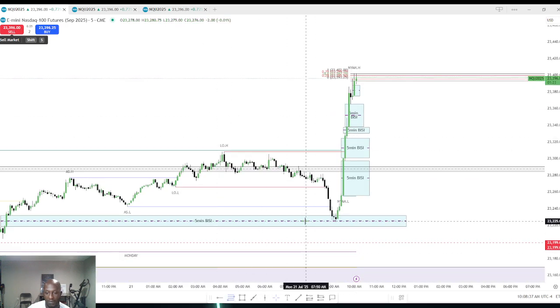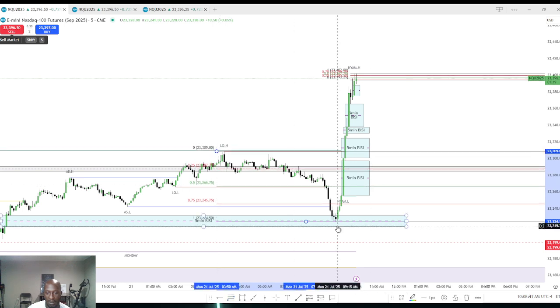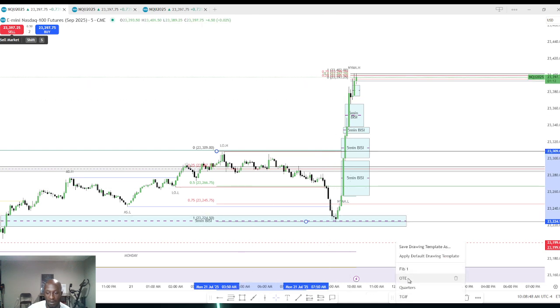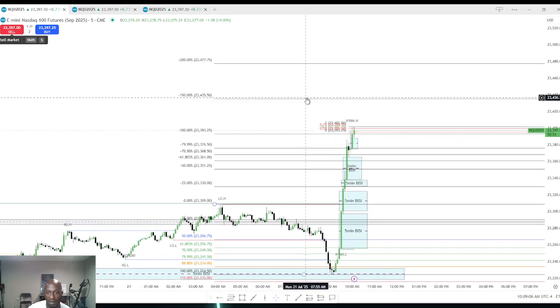So if I was to measure from, let's see where we're at here to that. I'm measuring from this low to this high, assuming this isn't here, to see where we're at. We're right at 100% of this move from this low to this high. 150 is here.